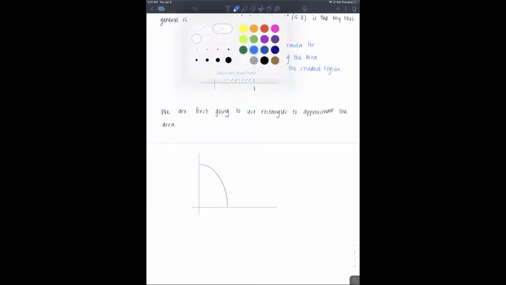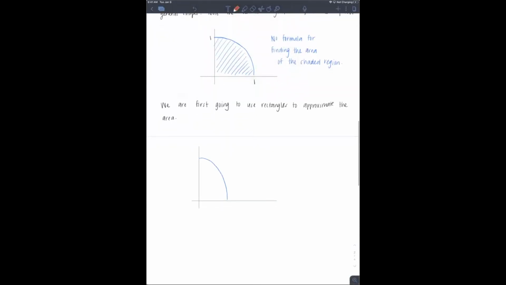The number of rectangles that we use is going to be important, right? It's going to give us a better approximation. And here, I'm going to start out by just making 2 rectangles.